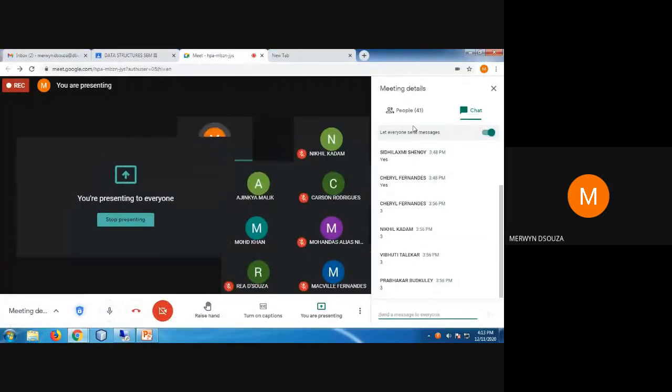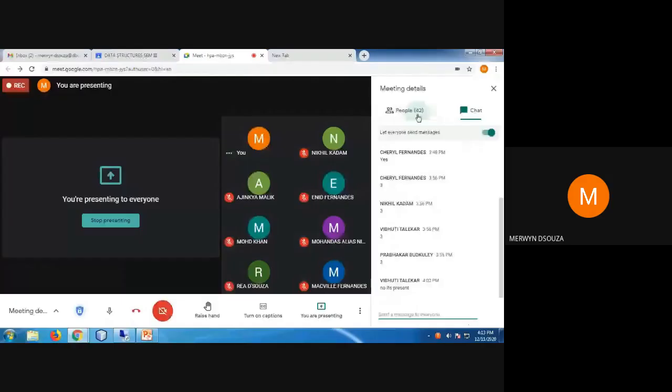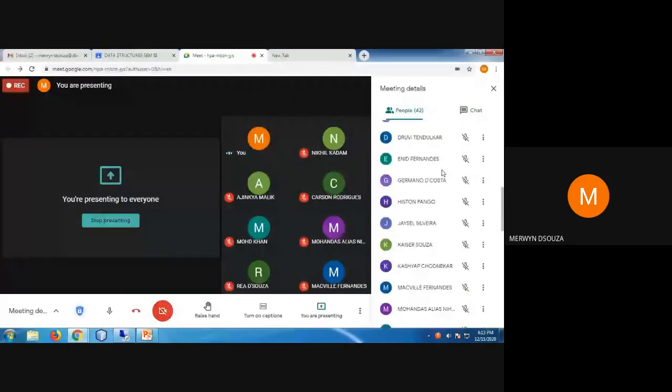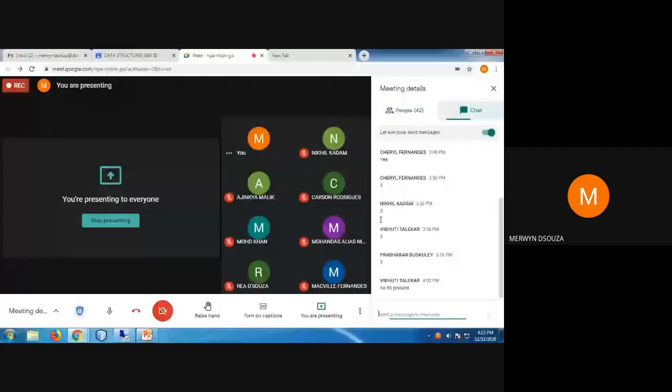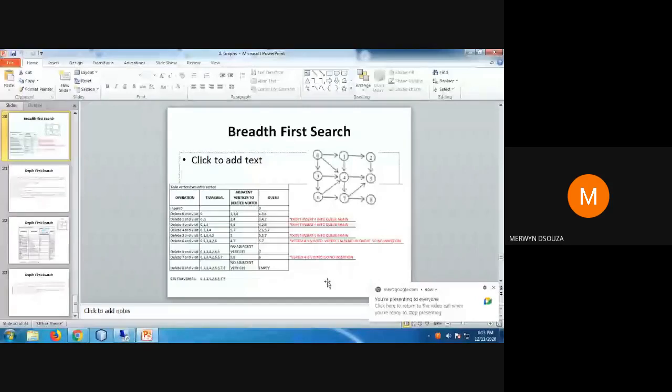No. Yeah, Vibhuti, you are correct. 5 cannot be inserted into the queue because it has already been visited.